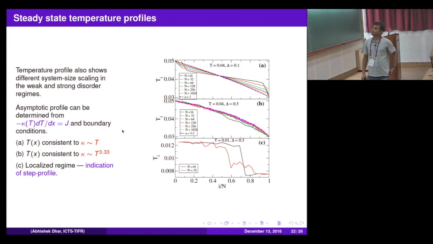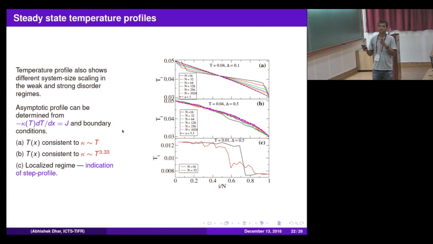Okay, so the other thing that we studied is, so far I talked about the conductivity. Then another interesting thing in localized systems is the temperature profile. And what we find is in the weak disorder limit, you get profiles which, as you increase system size, go to some sort of linear profile, and then as you increase disorder, you get a profile which is actually explained by this.